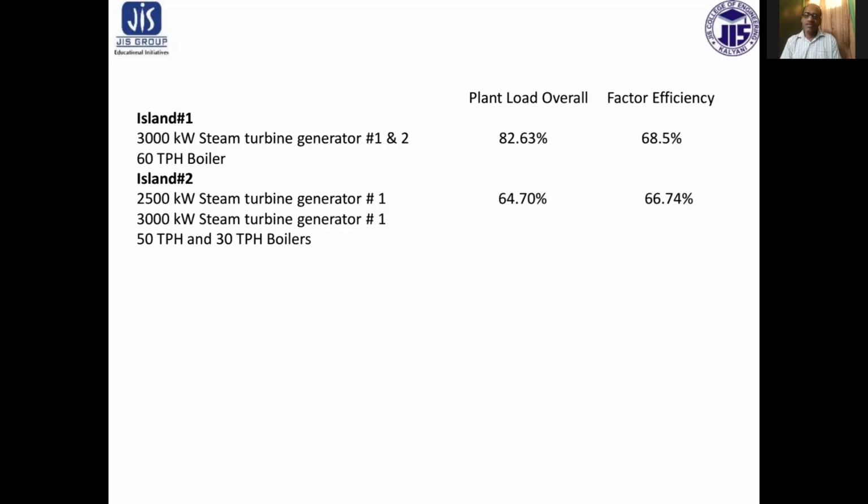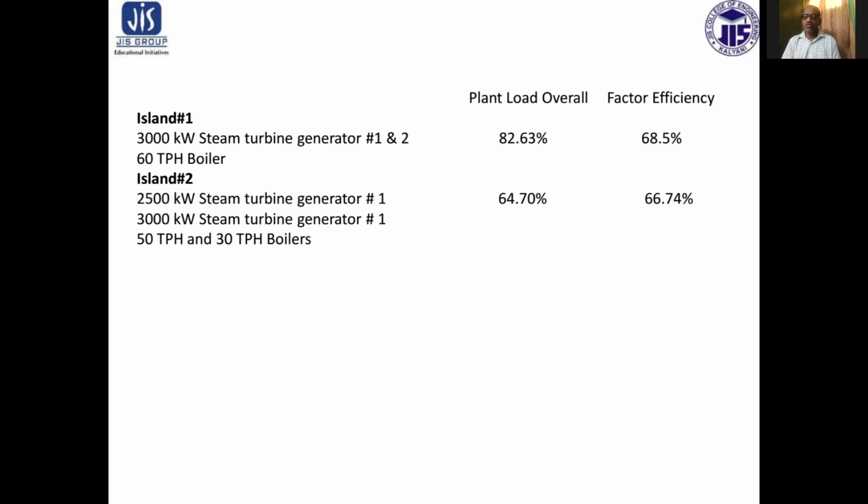So as this plant is divided into two islands, the first is two newly installed Triveni turbines of 3000 kilowatt with 60 TPH boilers. This part's plant load is 82.63% and efficiency is 68.5.